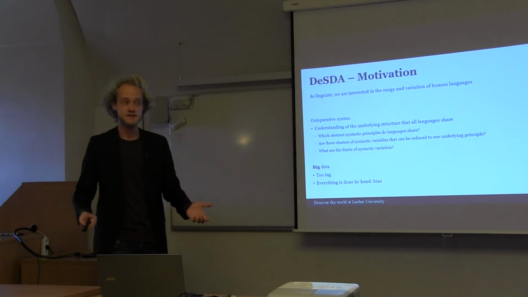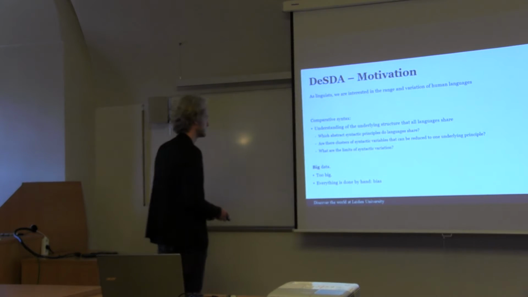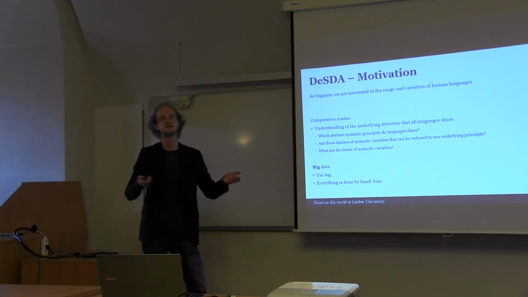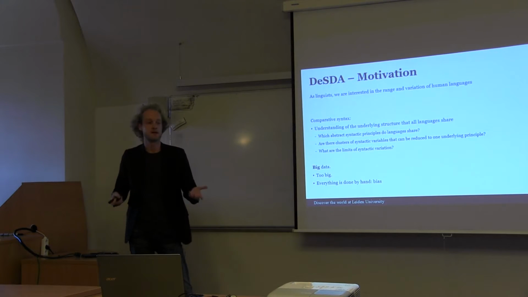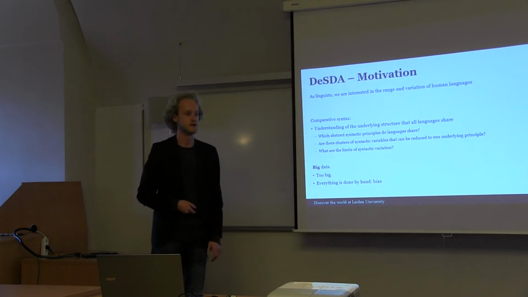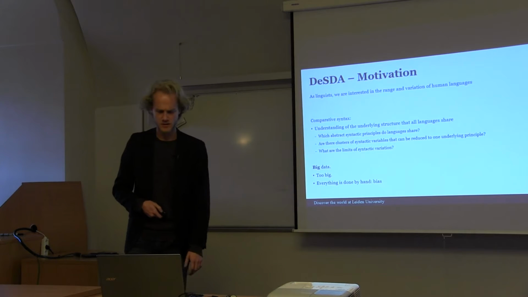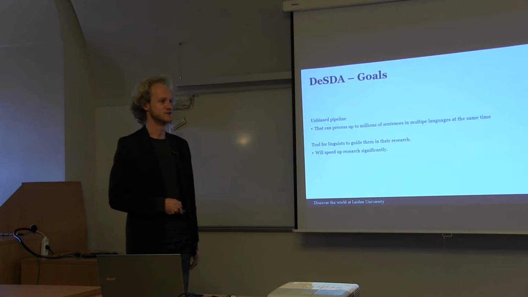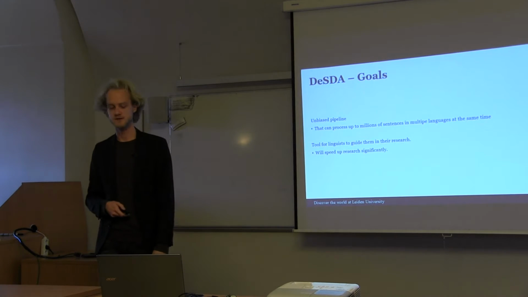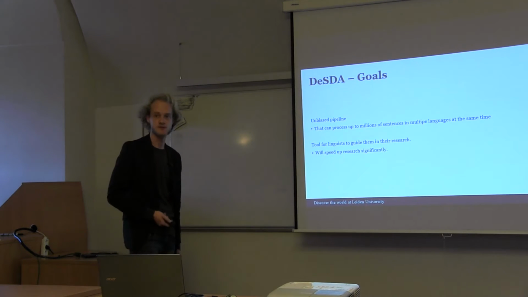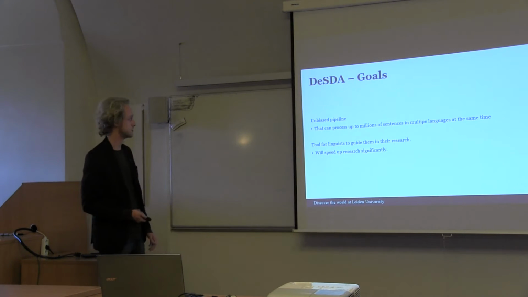So the result of this is that linguists or syntacticians, in selecting their data, already often have a vague idea of what they will find in their data, which can lead to a bias in their data. So what we want to do is to actually make an unbiased pipeline that can process up to millions of sentence pairs in multiple languages at the same time, to speed up this process significantly.